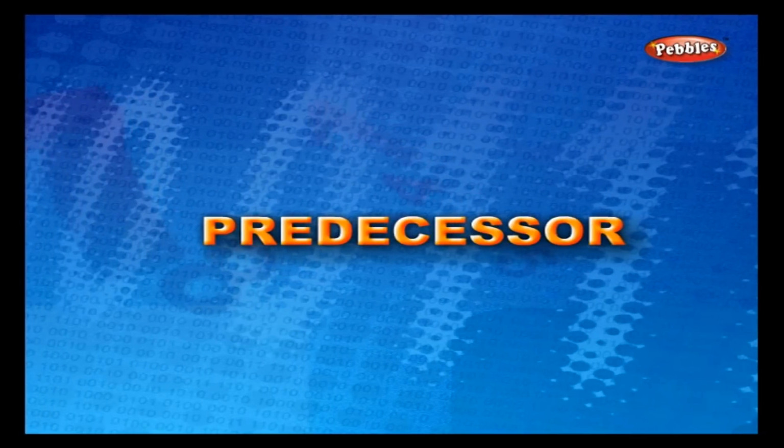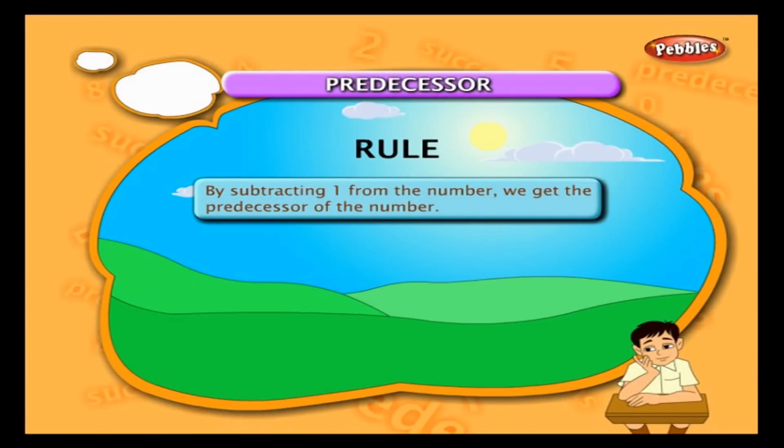Predecessor. Let us see the rule for predecessor. By subtracting 1 from the number, we get the predecessor of the number. That is, 8 minus 1 is equal to 7. 7 is the predecessor of 8.